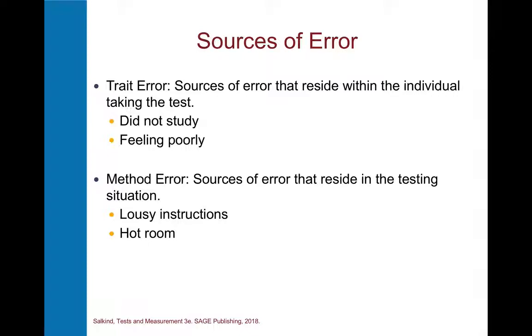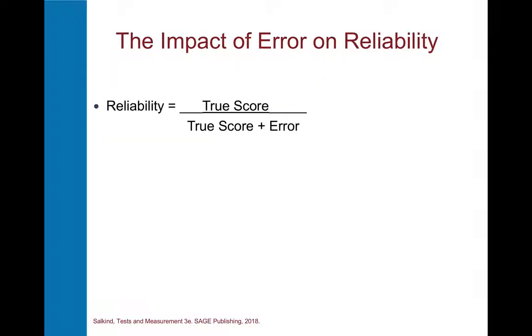And so, for the purposes of the exam, we definitely want to know how you distinguish between trait and method error. That's pretty straightforward, I think, so that you can identify examples accordingly. So that's basically it.